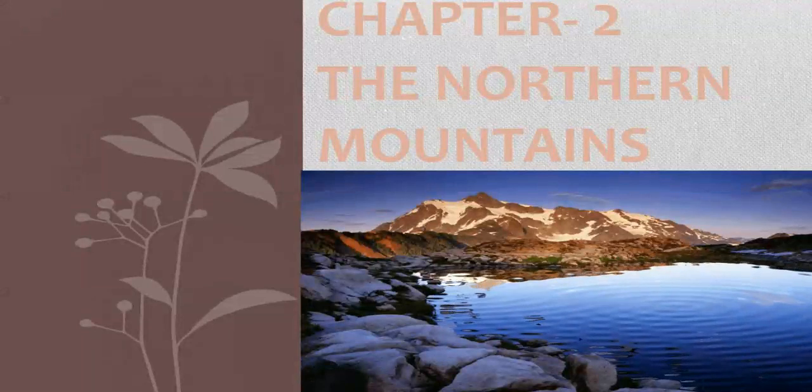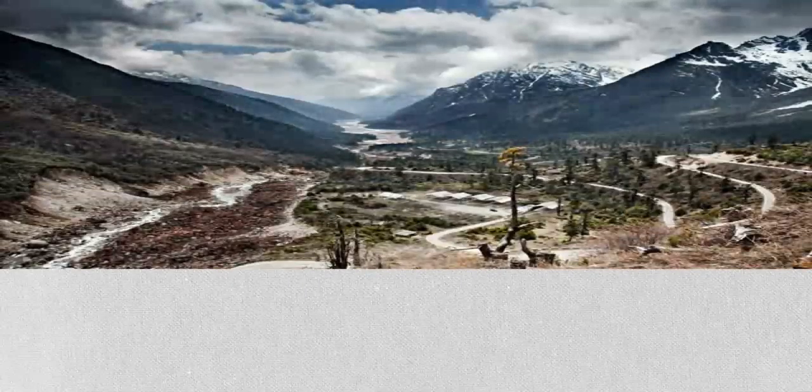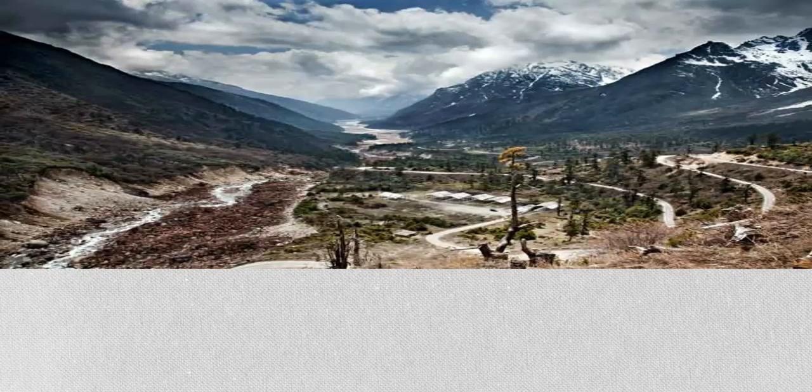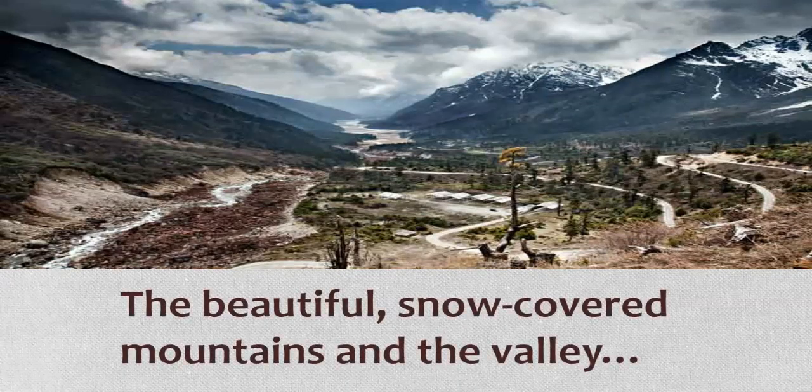Let's move on to our next chapter, chapter number 2, the Northern Mountains. We will be doing concept number 1 today. Now, let's move further. Can you see this beautiful image? The beautiful snow covered mountains and the valley.